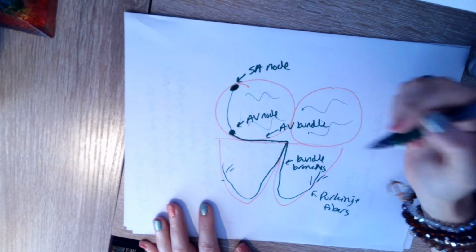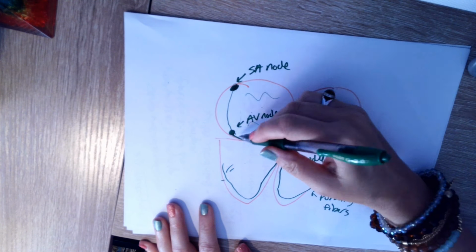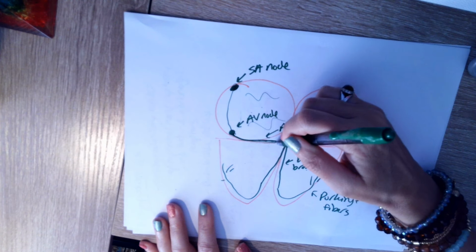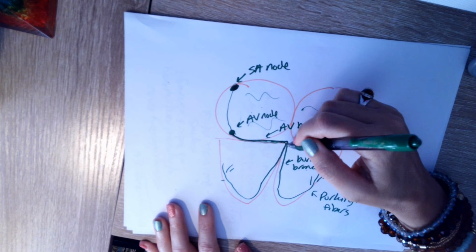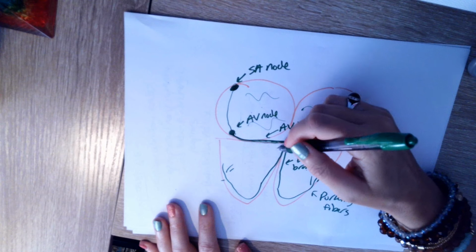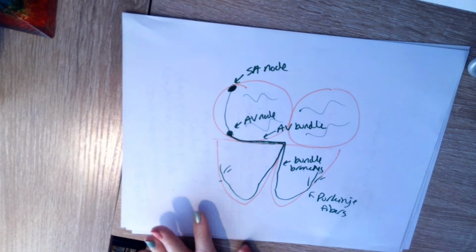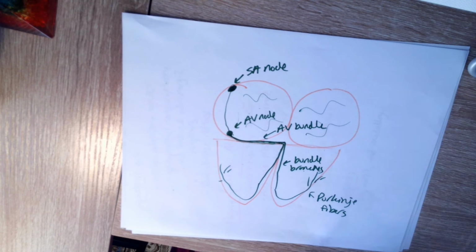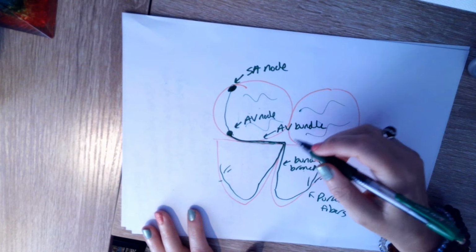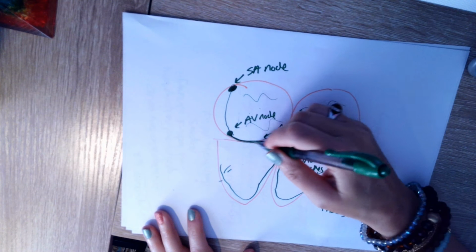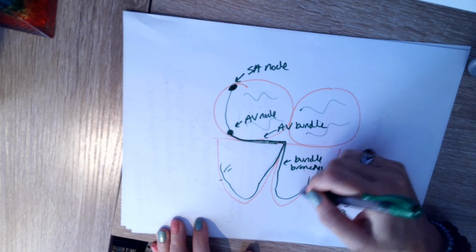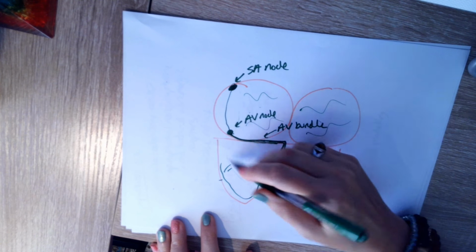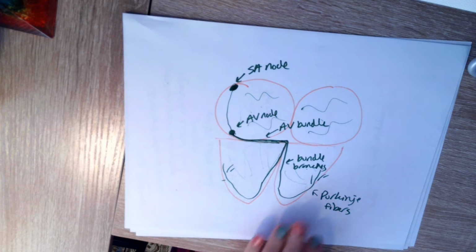Remember, the AV node delays transmitting that action potential down, but when it does, it goes down the AV bundle, which is usually the only AV electrical connection. There are exceptions to that, but those would be various conditions that aren't normal. So normally this would be the only electrical connection between the atria and the ventricles, and then down through the bundle branches, out through the Purkinje fibers, and moving like waves through the ventricles to stimulate them.